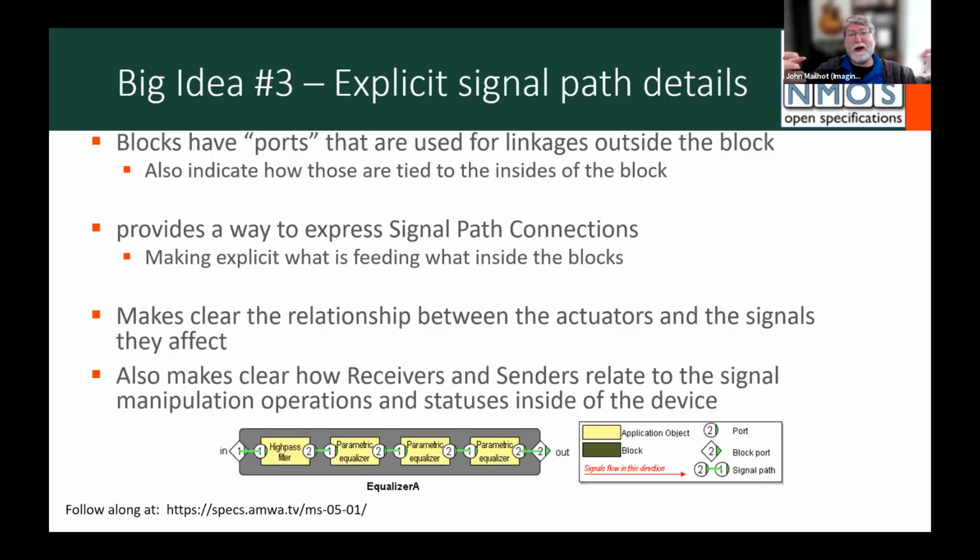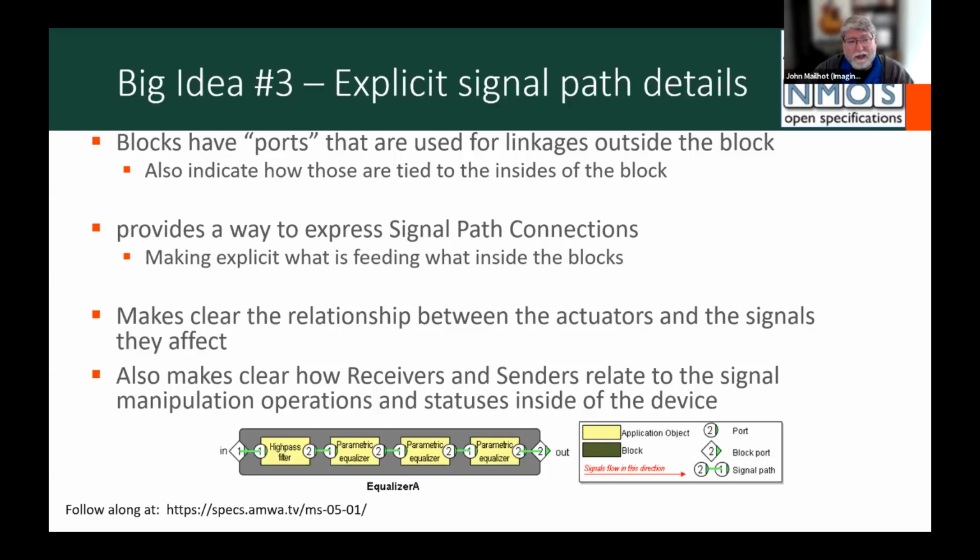If you don't have the map of how those things relate to each other, then you're in deep trouble. As a controller, you're not going to make a lot of sense out of it, or you're going to require somebody during setup of the show to go explicitly saying this signal is going to here and this signal is going to here, and doing all the plumbing work that you would expect the device to do for you.